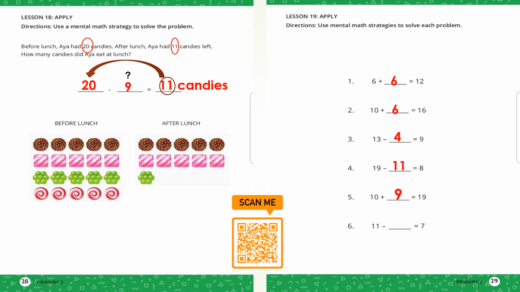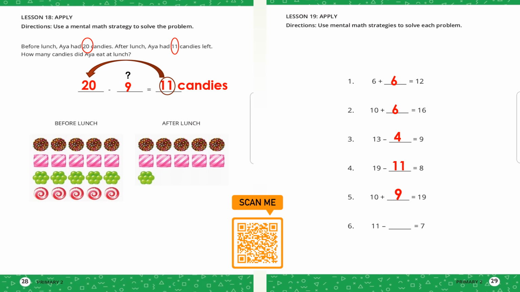After 10, 11, 12, 13, 14, 15, 16, 17, 18, 19. How many fingers? 9. Okay, both ways are correct. We can find it mentally, 10 plus 9 equals 19, and we can find it by counting from small to big.